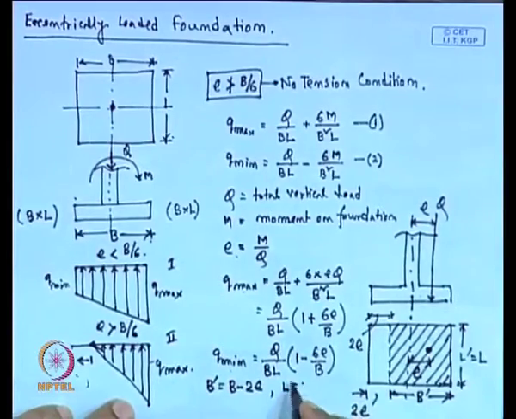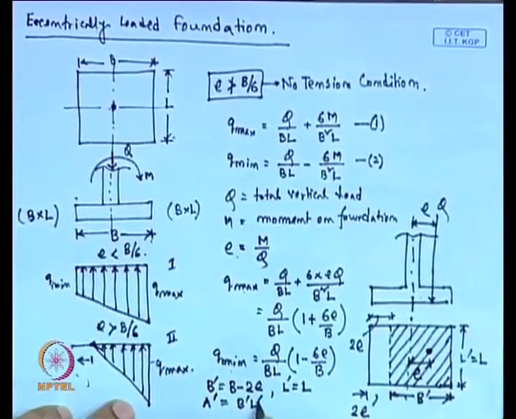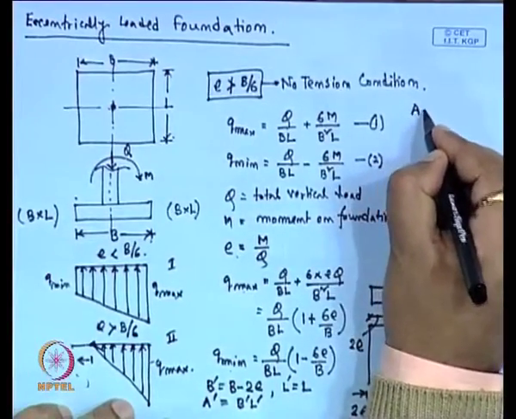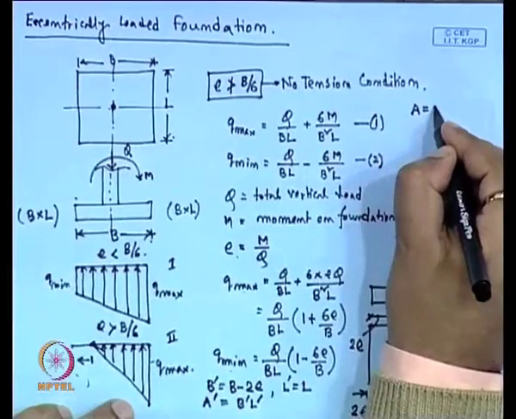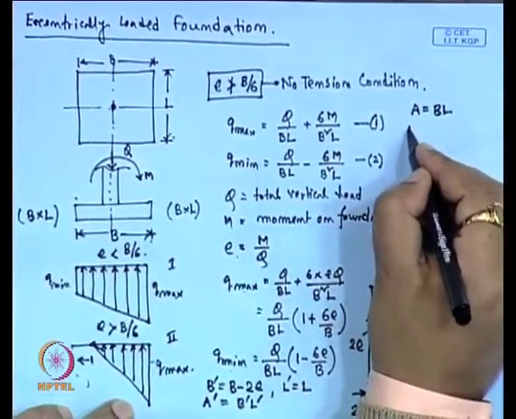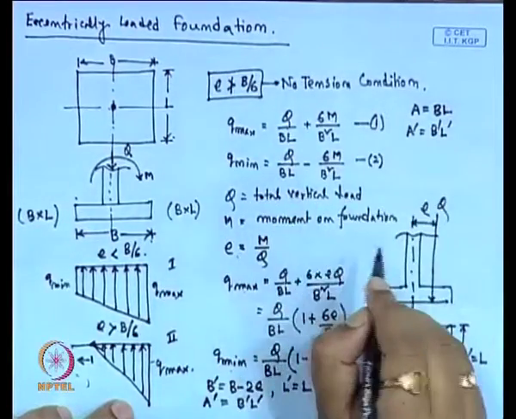When we calculate the effective area, instead of using A we will use A dash, that is B dash into L dash, because the effective area without any eccentricity is A equal to B into L, and similarly A dash will be B dash into L dash.